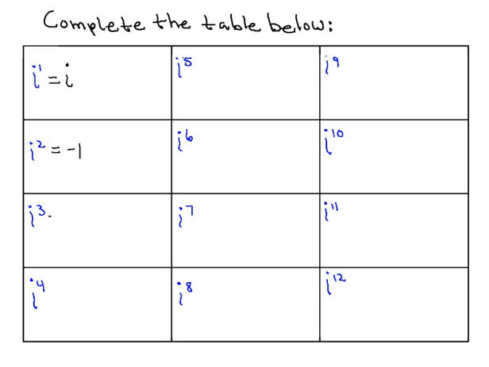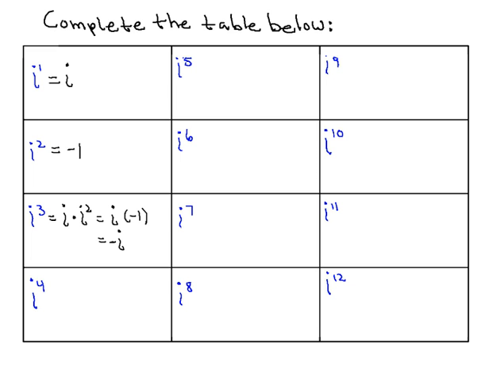Now for i to the third, we could think of that as being the product of i to the first and i squared. And so this would be i times -1, or i cubed would be equal to -i.